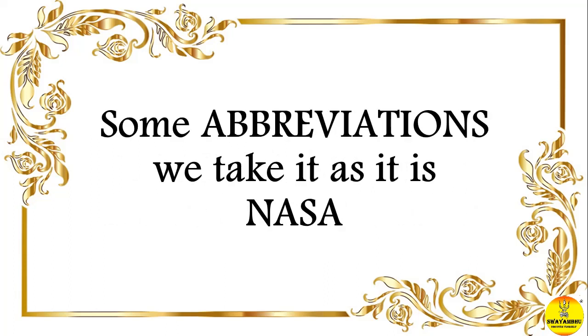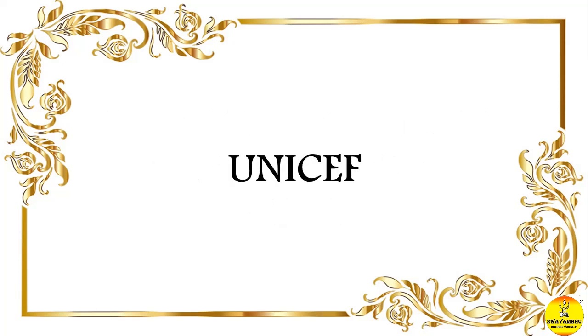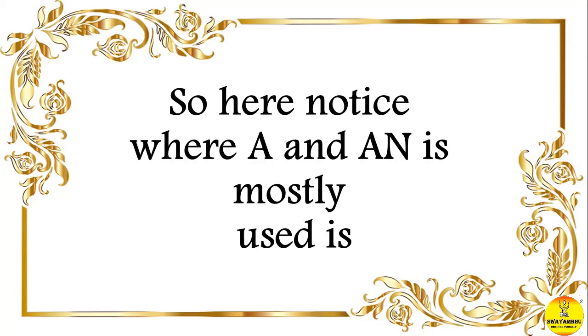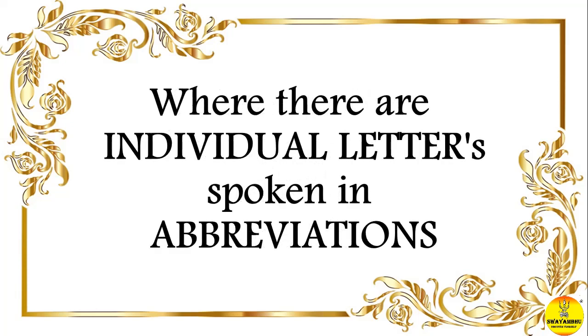There are some abbreviations where we just say the word as it is, like NASA, UNICEF, FIFA. We don't spell them out; we say them as words. So you have to look here where a and an are mostly used, which is where there are individual letters spoken in abbreviations.